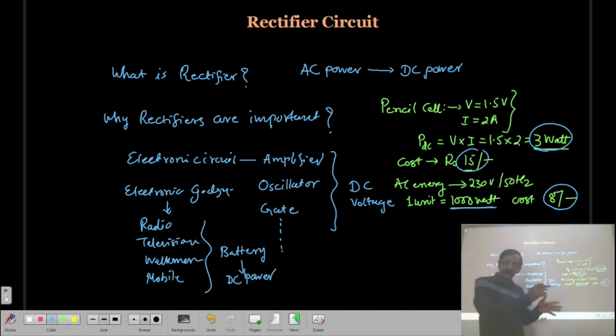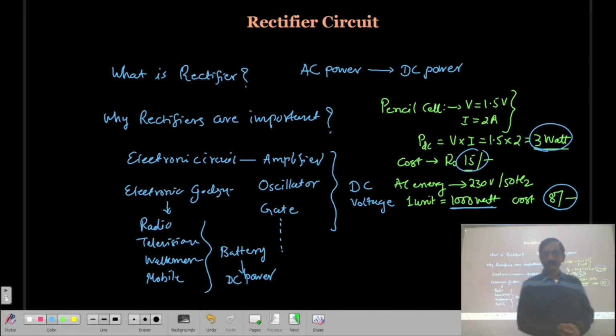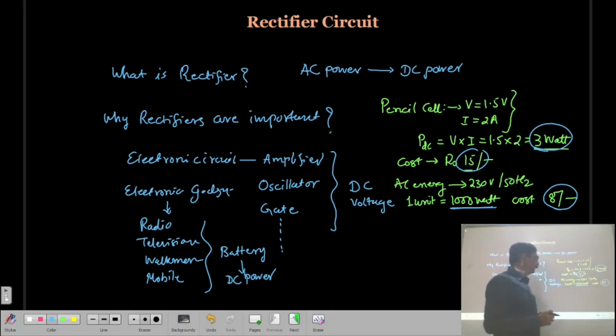So naturally, if you compare the cost, the battery is very costly, or you can say DC energy is very costly compared to AC energy. Correct? And secondly, this AC energy is easily available at our home.